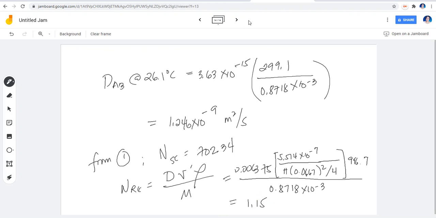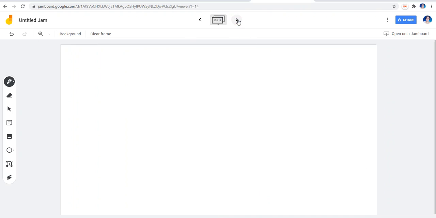Now, for dilute solutions, we have K sub C prime being equal to K sub C, and we have this appropriate JD from what we have discussed based on the Reynolds number value and the Schmidt number value that we got. So it's 1.09 over the void fraction times the Reynolds number raised to negative 0.67.